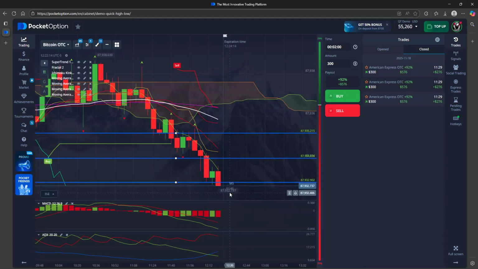So let's see, just under 3 minutes, 2.5 minutes, and let's see if price stays here. Let's just see.